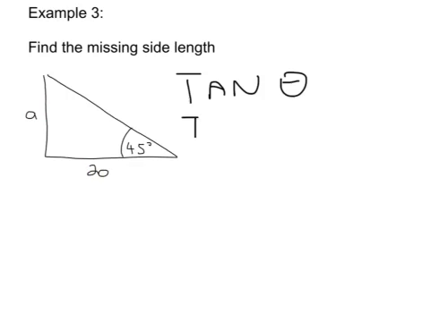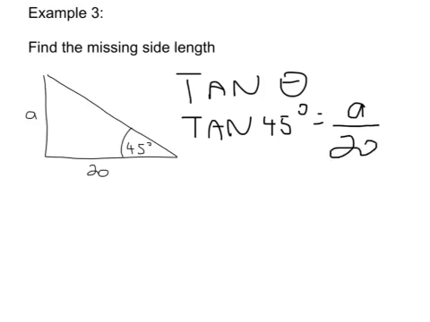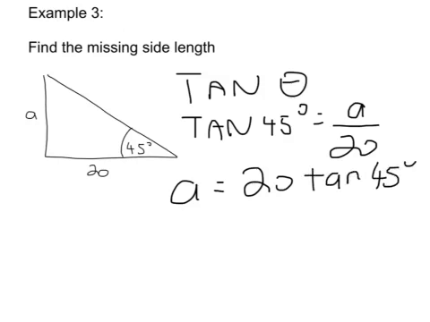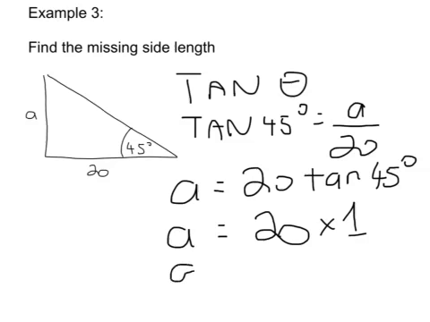So in this case, tan 45 degrees equals A over 20. So A equals 20 tan 45 degrees, which will equal, now tan 45 is 1, so it's 20 times 1, which of course equals 20.